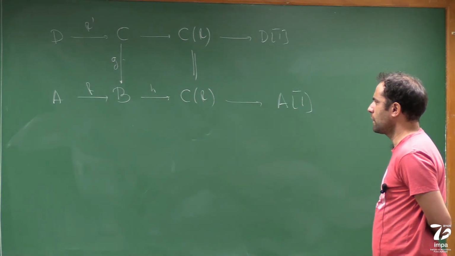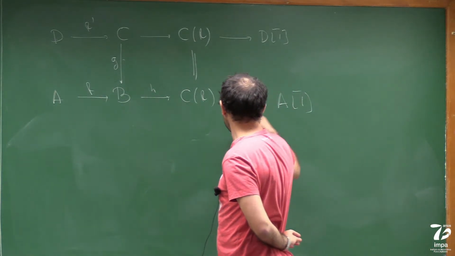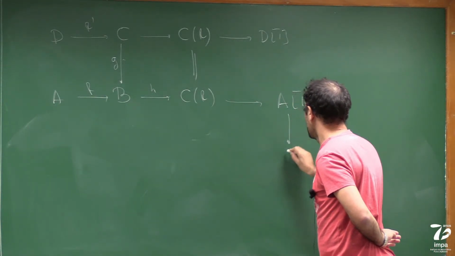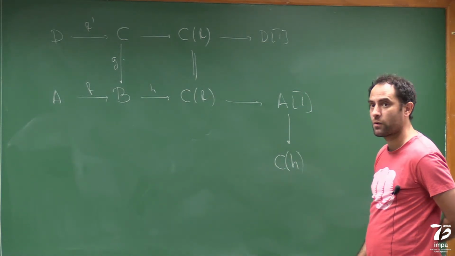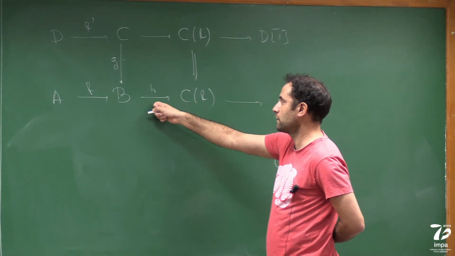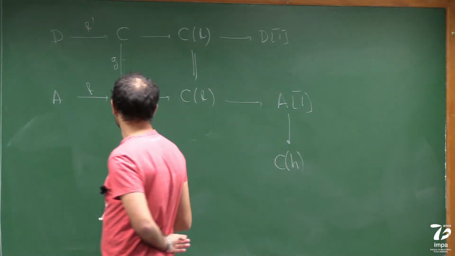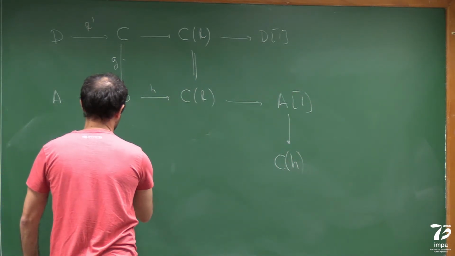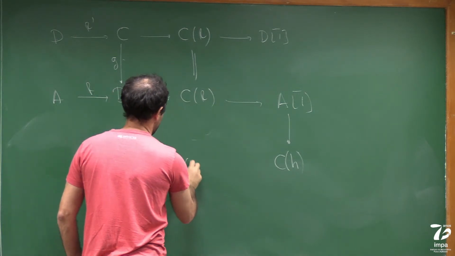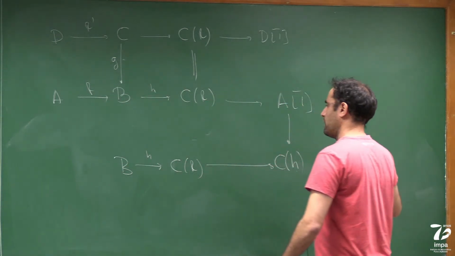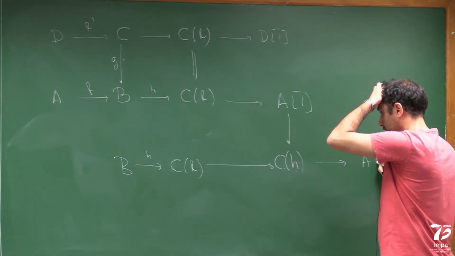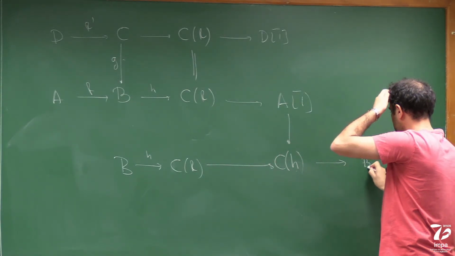Now, what I do know is that this thing here was isomorphic in the homotopy category to this cone of H, to this H that I have here. So I have from B to C of F this H, and I had this cone of H here, and I had this B shifted by 1 here.